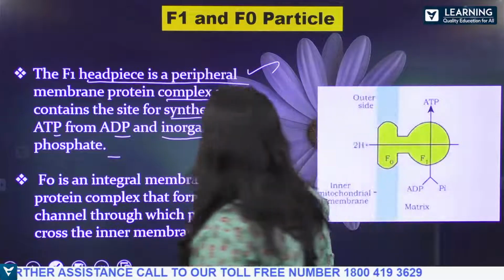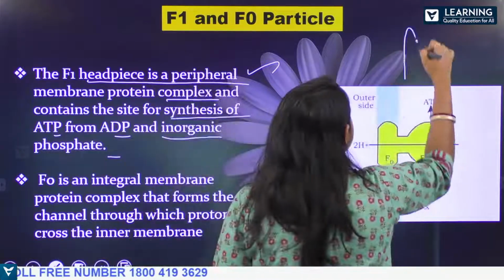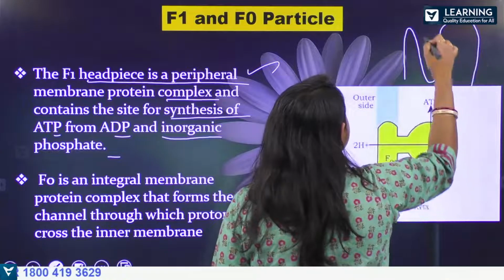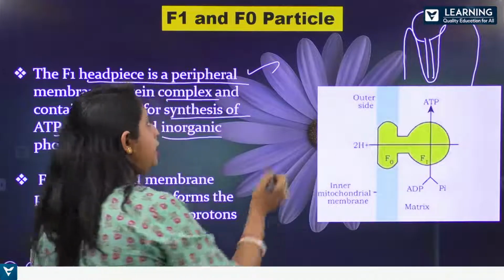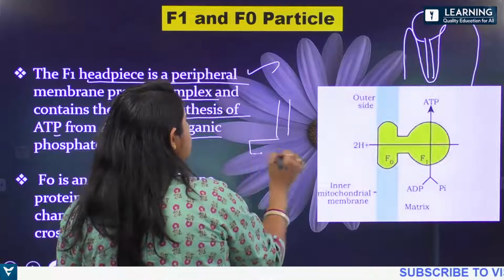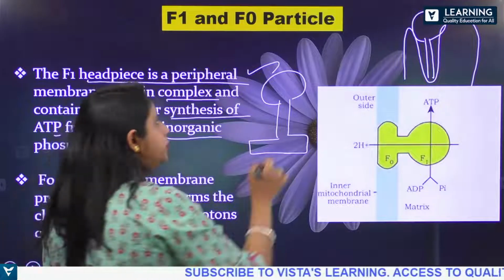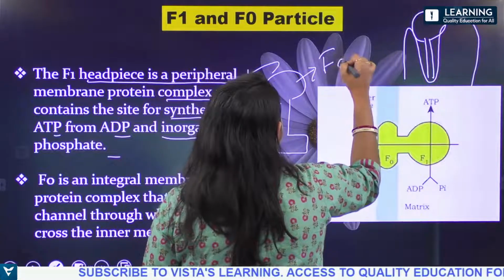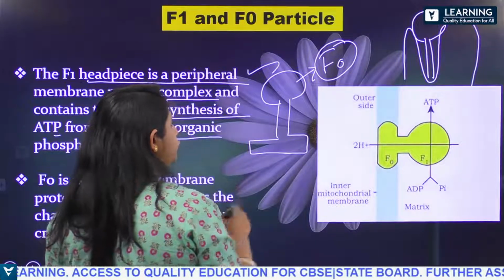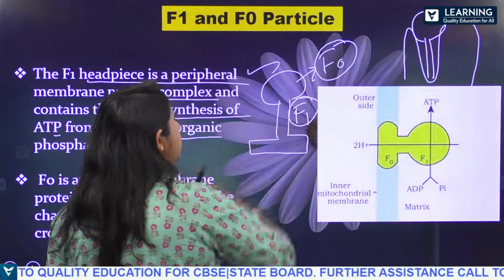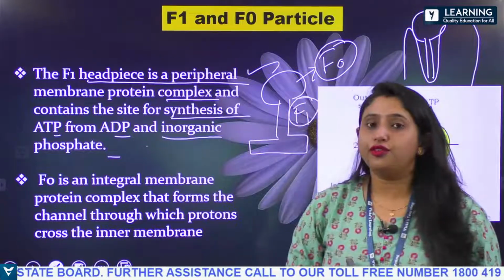So you have understood that in the inner membrane, that is the cristae, you have seen various protein complexes, like this you have studied in the mitochondria. The headpiece is the F1 particle, and together F0 and F1 are basically responsible for the synthesis of ATP.